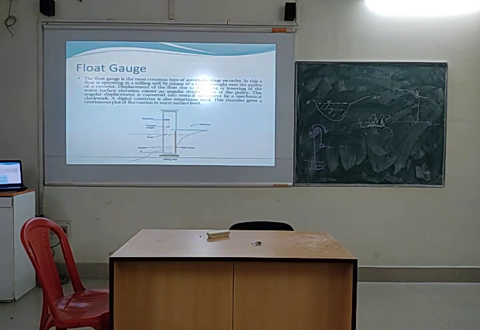Displacement of the float due to the rising or lowering of the water surface elevation causes an angular displacement of the pulley, right? This angular displacement is converted into vertical movement by a mechanical clockwork.